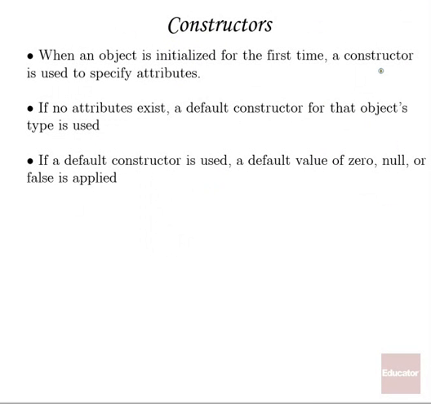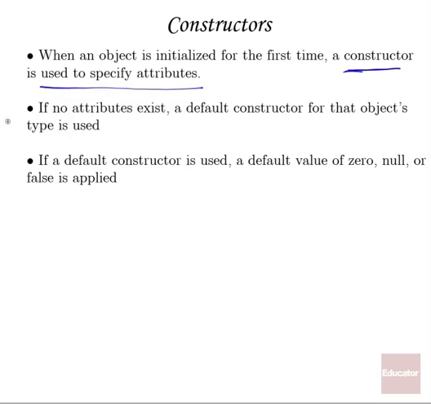All right, when an object is initialized, in other words, when you first name, declare, and then build that object, it uses a constructor statement. We'll see some examples of constructor statements as we go. In the parentheses after you name it, you can specify attributes if you need to get more specific.